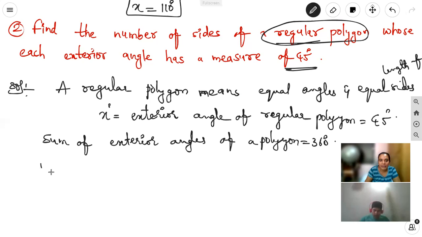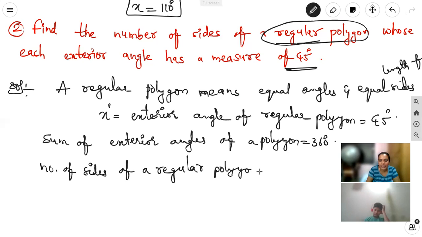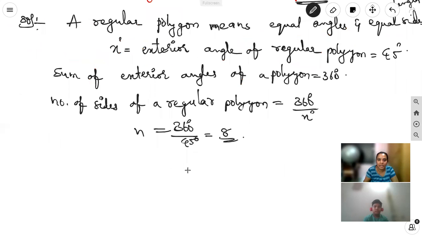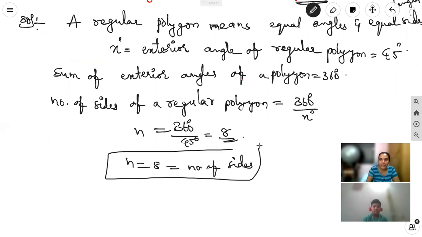We want the number of sides. The number of sides of a regular polygon is equal to 360 degrees by x degrees. It is equal to 360 degrees by 45 degrees. 45 eights are 360 degrees. So it is the octagon. The regular polygon is the octagon. The number of sides is equal to 8. Okay.